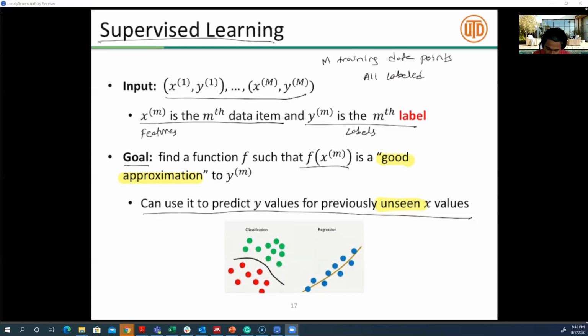All right. So again, classification: this is the classification boundary, right? So these are the positive classes and these are the negative classes, right? So this is binary classification. And then you have regression, right?